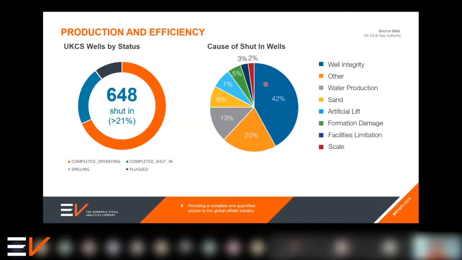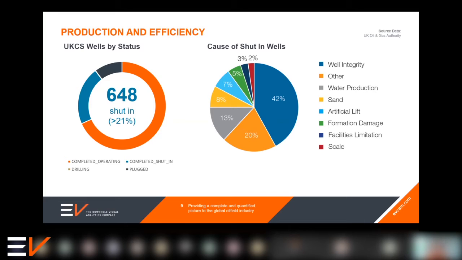A large amount due to well integrity, a large amount actually due to wellbore fish and maybe other completion components that weren't functional, a lot of water production, some sand, artificial lift issues. But again, all of these things could be challenged, could be overcome through remediation and intervention.